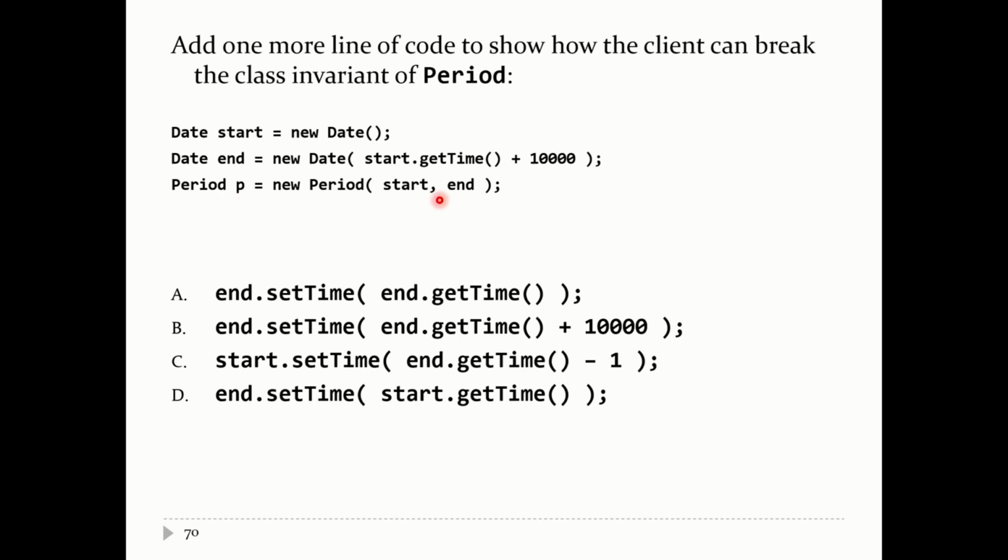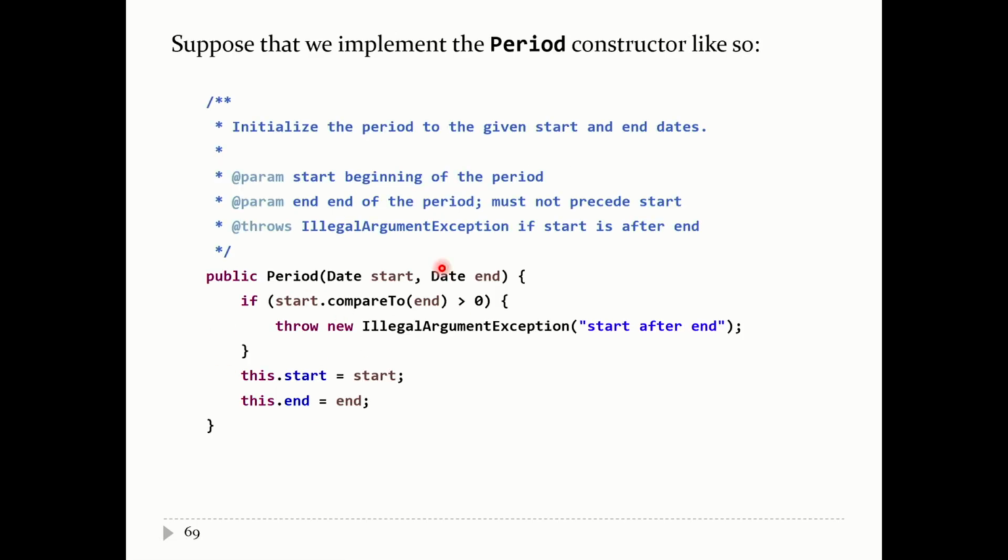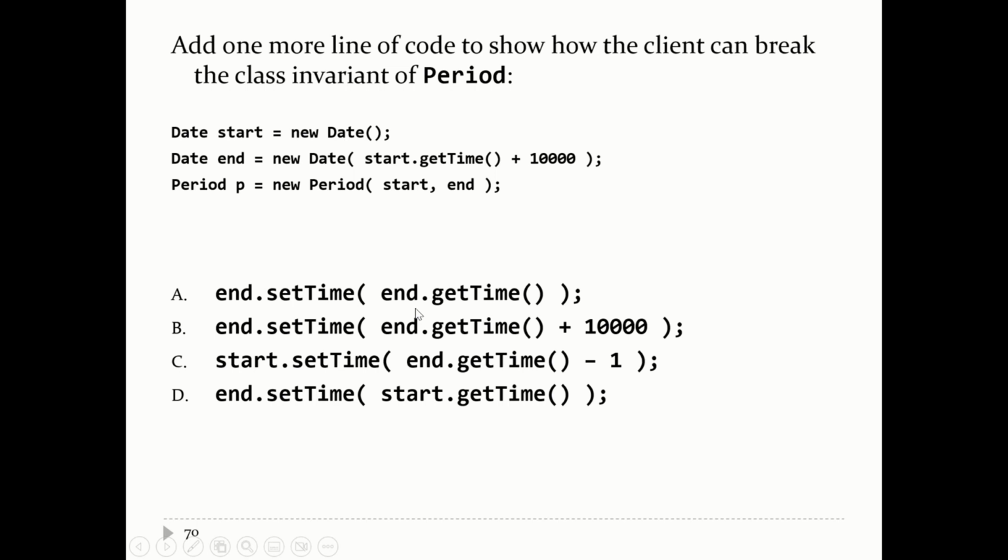If I write that line of code, and if the constructor is implemented this way, you can easily break the class invariant without going through the Period object p. In order to break the class invariant, you need to set the end time to be before the start time, or the start time to come after the end time.